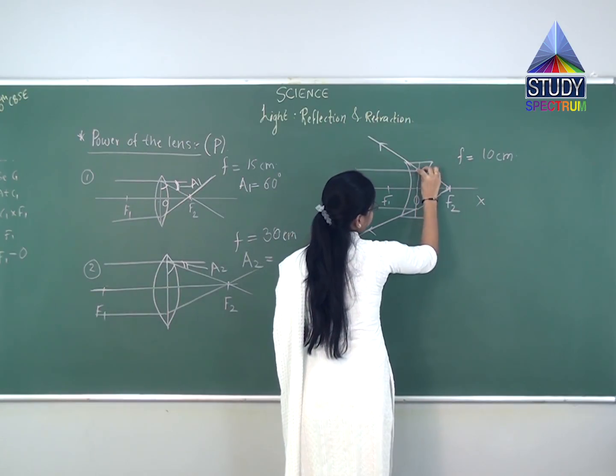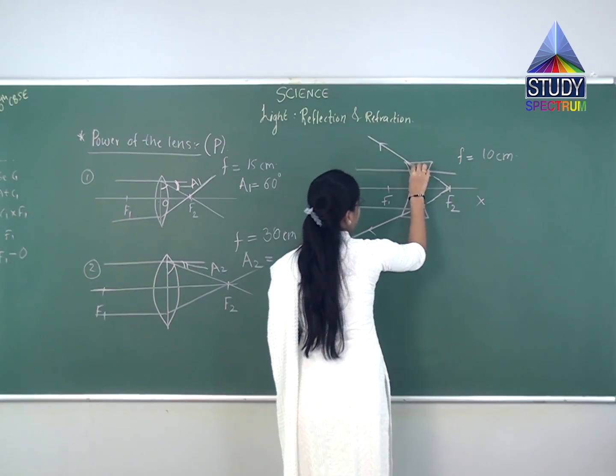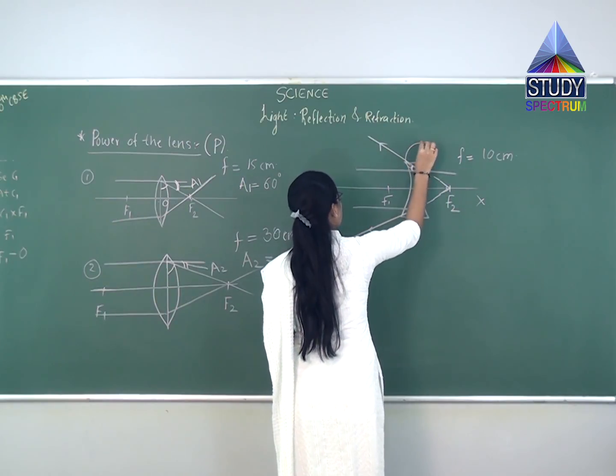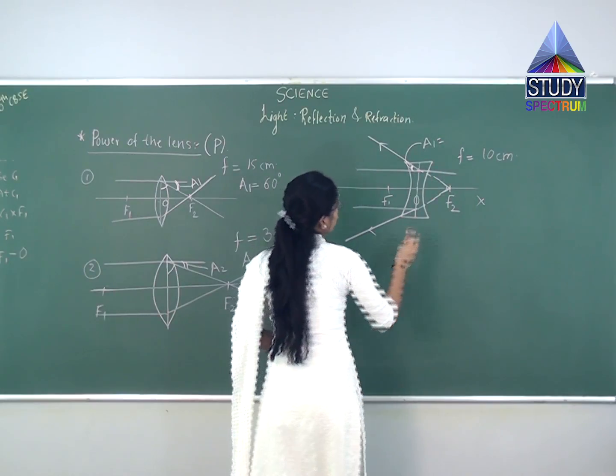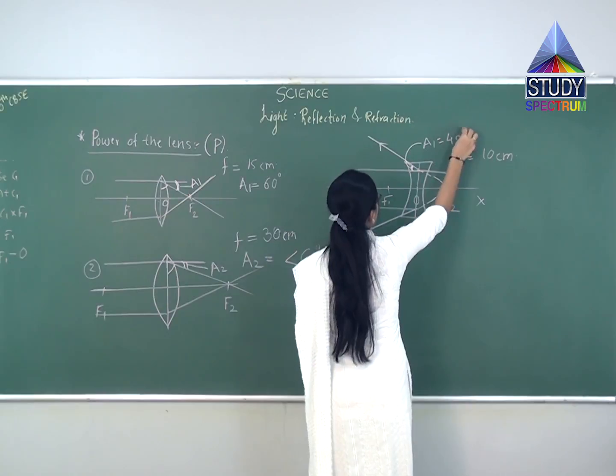So you can see here will be the angle of divergence. Suppose it is A1. You can see it is very small. Suppose it is 40 degree.